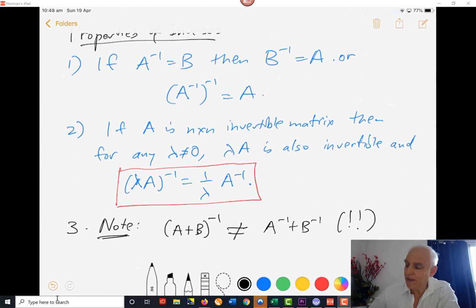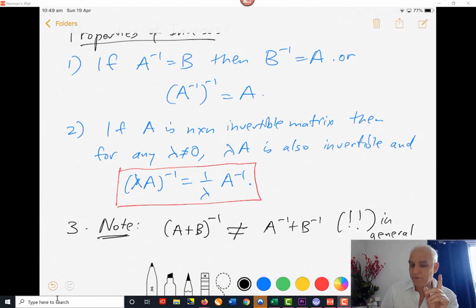That's not to say that you couldn't cook up a matrix or two that have this property, but in general, inverses of sums is more complicated. That's the same way it is with numbers. The inverse of 3 plus 5 is not the inverse of 3 plus the inverse of 5.